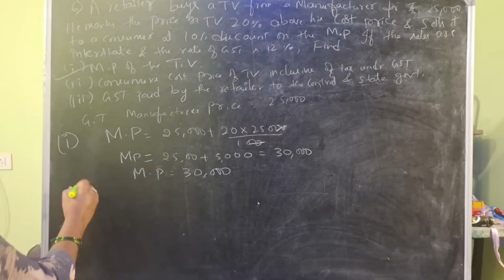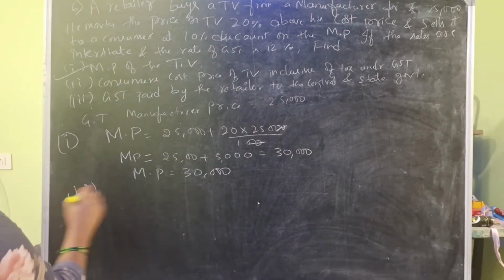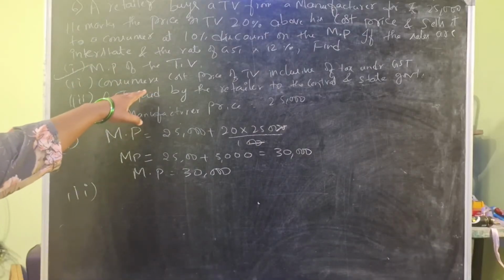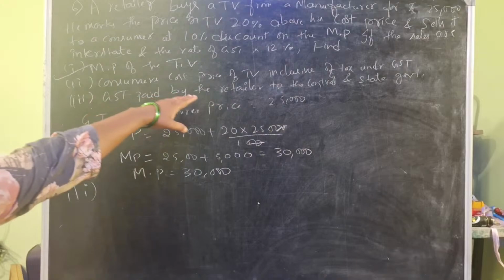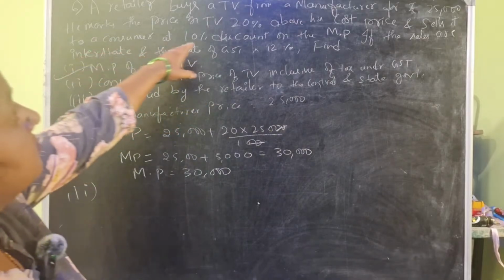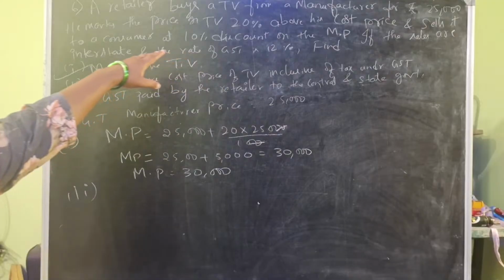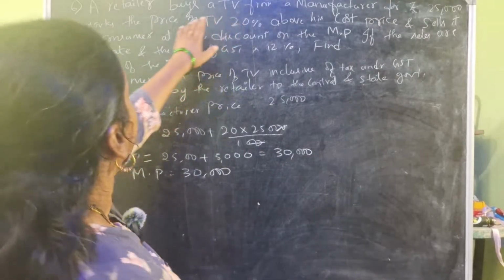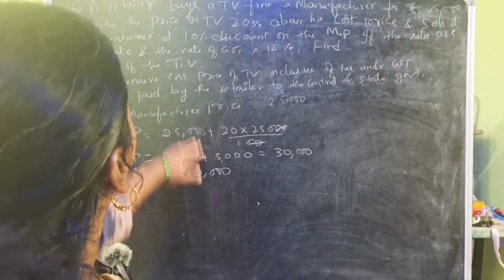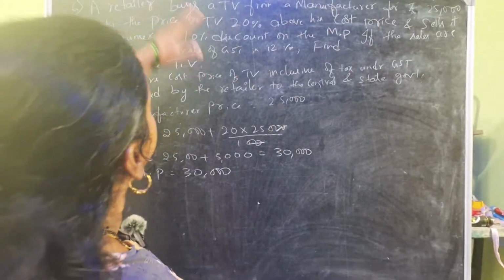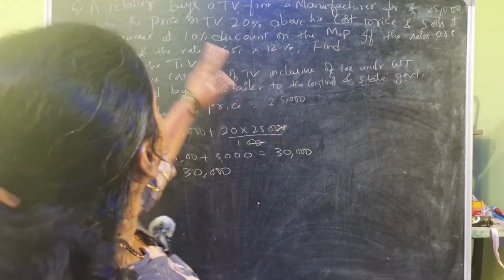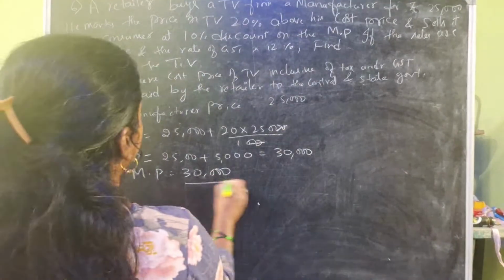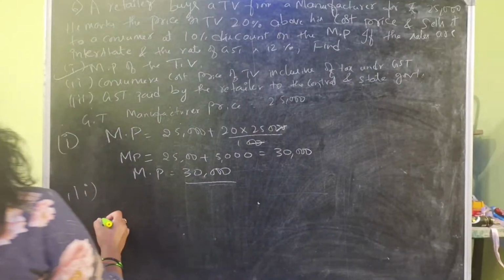And again, on that 30,000, he sells the TV to the consumer with 10% discount on the market price. That means we have to find the 10% discount.